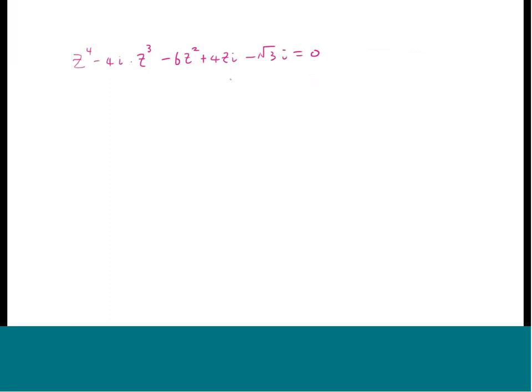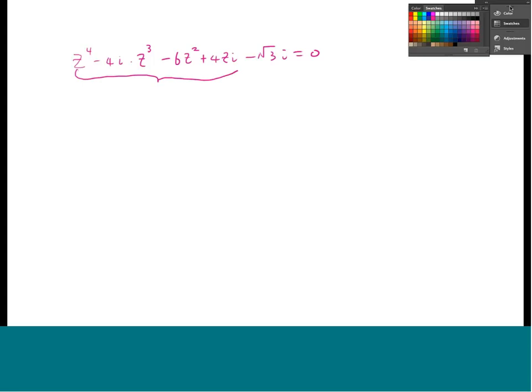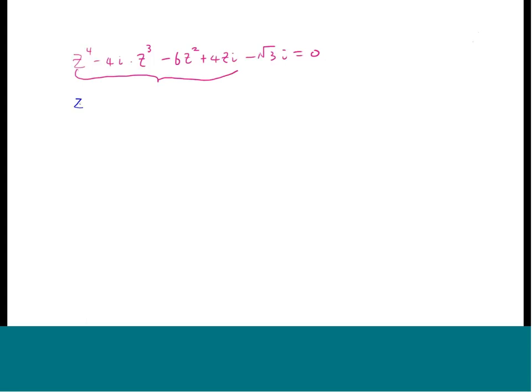So first off, the very important observation is here. If you expand z minus i to the 4, it's going to be z to the 4 minus 4i z cubed. By the way, do you know that expansion?